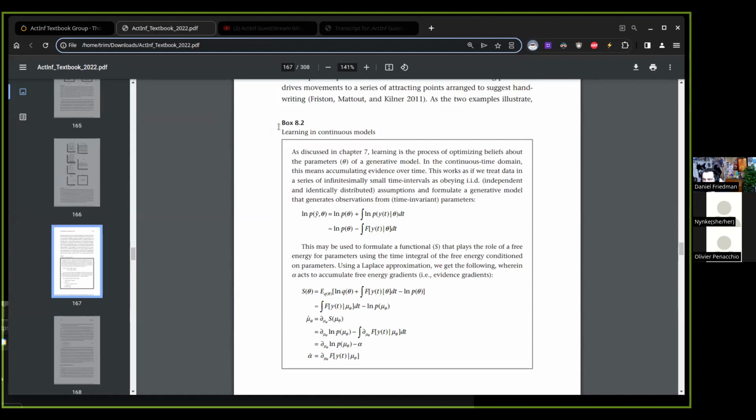Short box 8.2 on learning in continuous models. Slightly technical note. Perhaps Sanjeev's textbook will clarify some of these pieces.